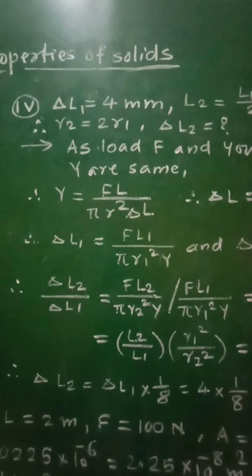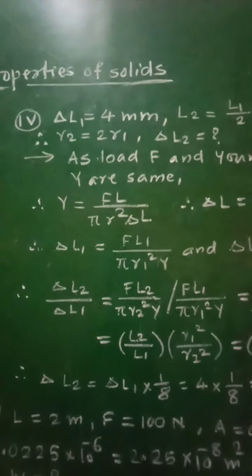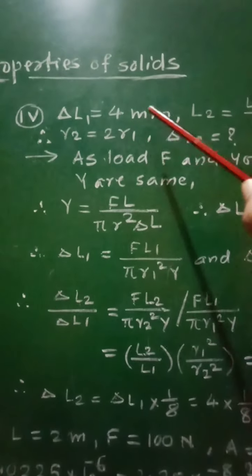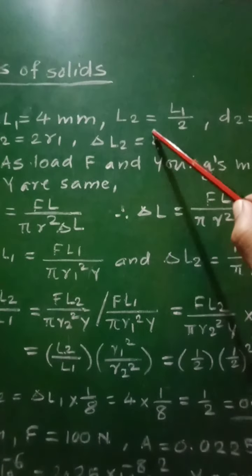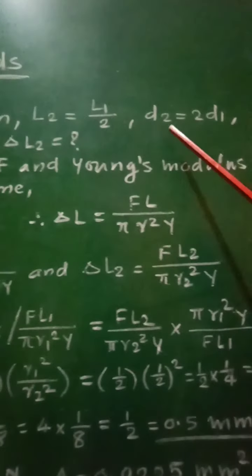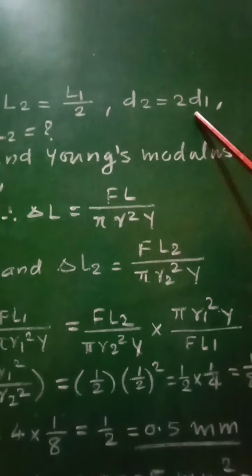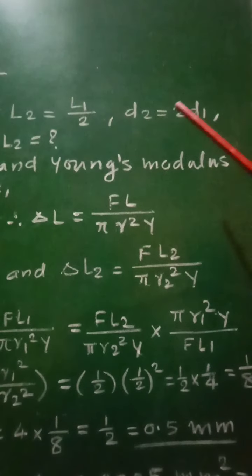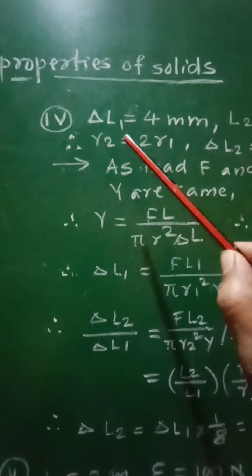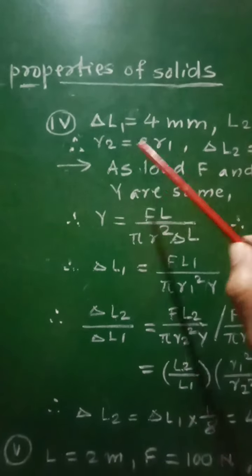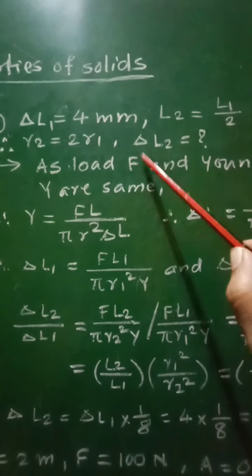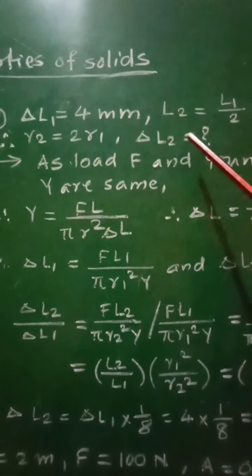And therefore for this numerical number 4, the given data is delta L1 is equal to 4 mm, then L2 is equal to L1 by 2, diameter D2 is equal to 2D1, therefore the same ratio will be for radius, and therefore R2 is equal to 2R1, and we have to find out delta L2.